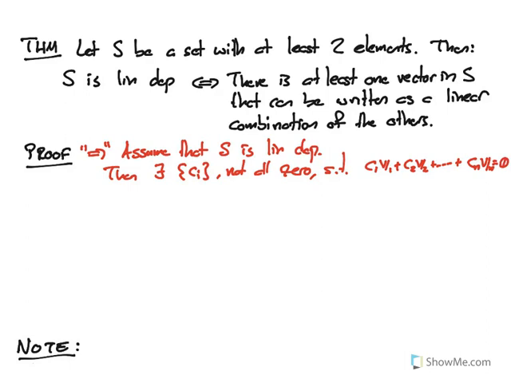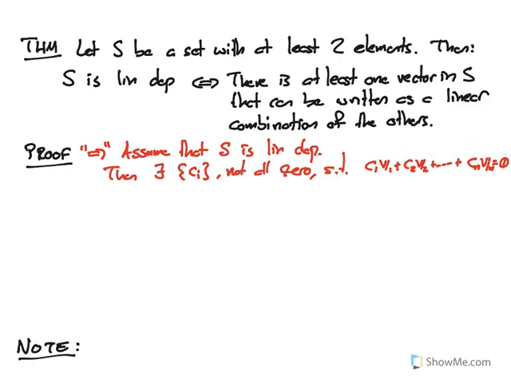And now, say C1 is non-zero. Then I could just move all these guys over to the right and divide by C1, and I would get that V1 is expressed as a linear combination of the others, right? Now the only complication, and this is really just notational, is that C1 could potentially be 0. So that's not what we're going to do.